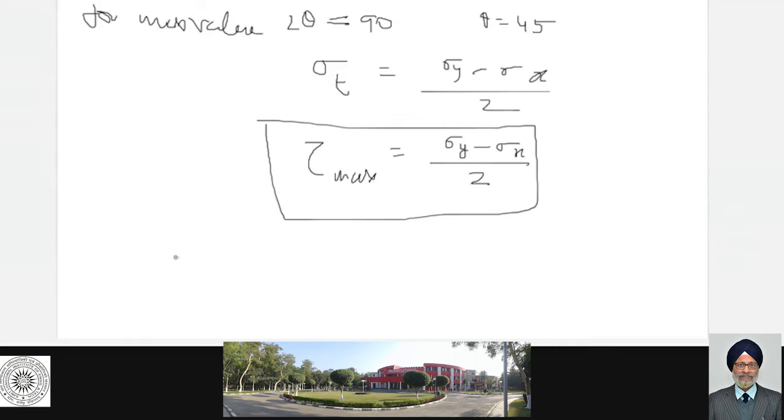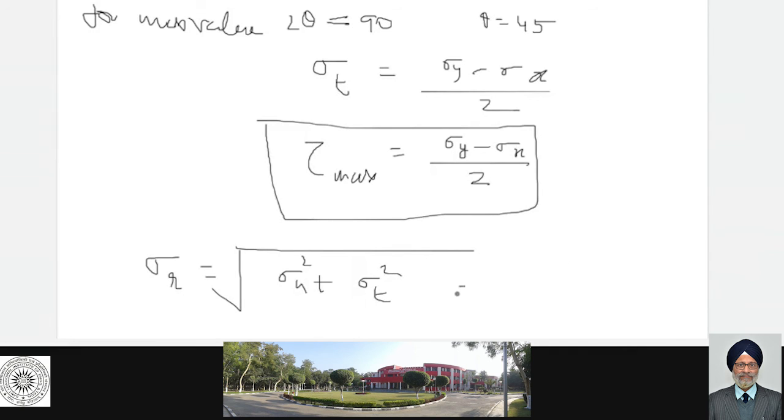So the resultant stress will be equal to sigma r, and you can put the value and you can square them and you can add them. So it is sigma tau. Okay.